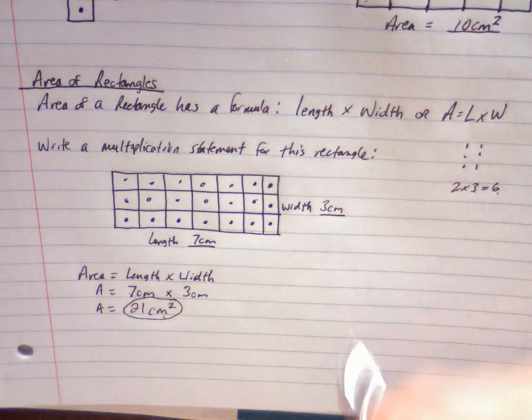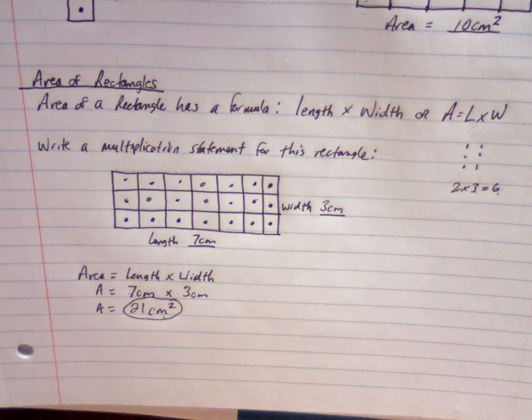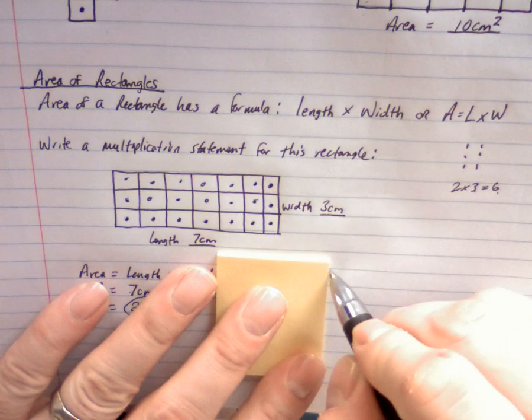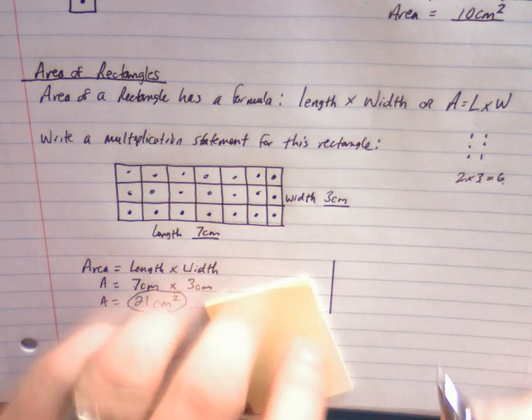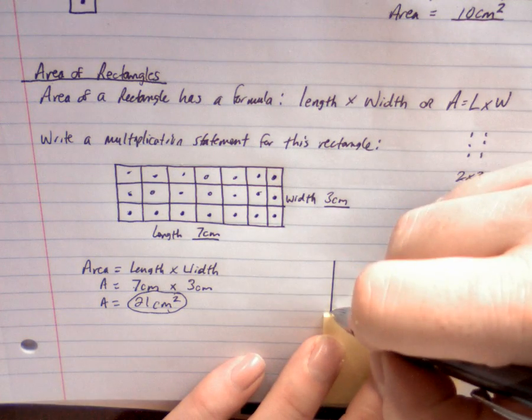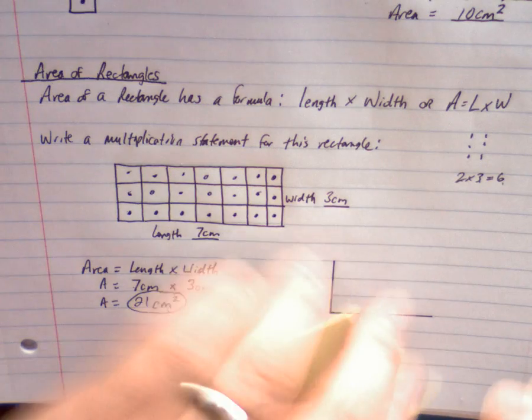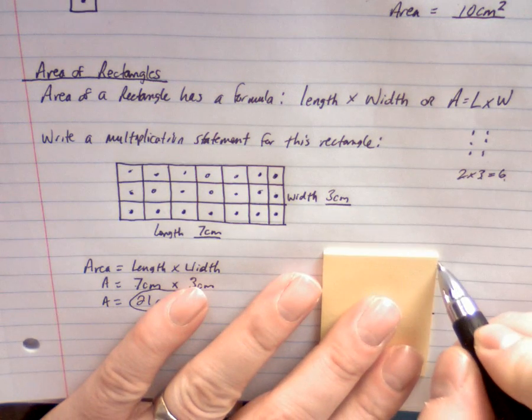Let's do another problem together, one that you're going to see in your book. Most likely it's going to look similar. I'm just going to change it up a little bit.